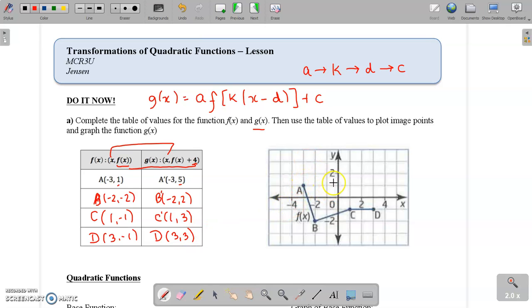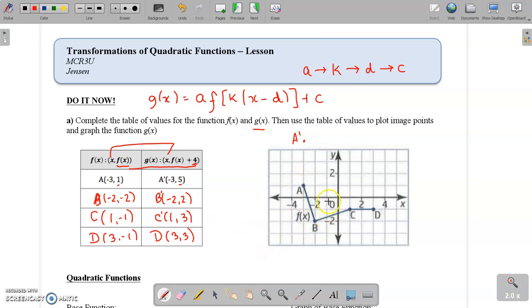Now what you want to do is pause the video and try to plot the new points. So for example, -3 and then 5. So this is your new transformed A point.